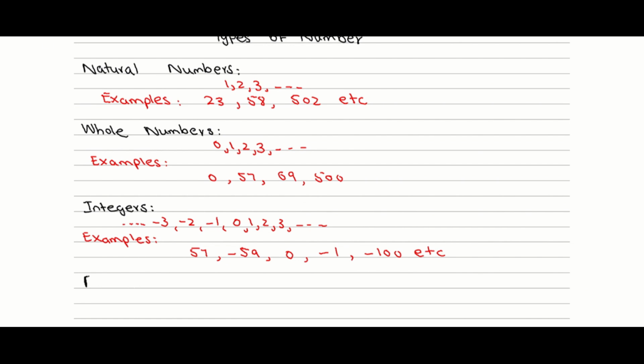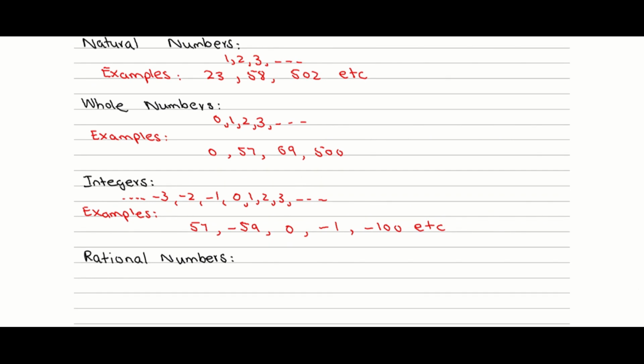Next are the rational numbers. All of the numbers are either rational or irrational. The rational numbers are numbers that can be written as a fraction.